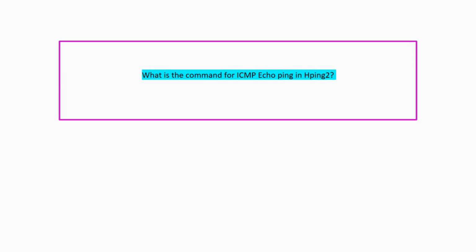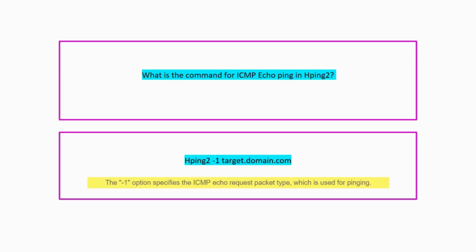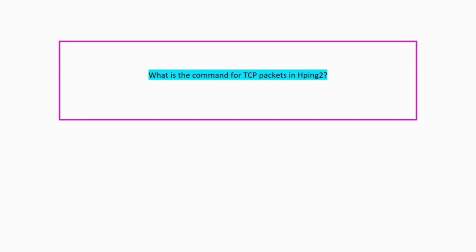Okay, so what is the command for ICMP echo ping in HPing 2? We already discussed this. The HPing 2 command is 1, and then you need to write your domain. What is the command for TCP packets in HPing 2?